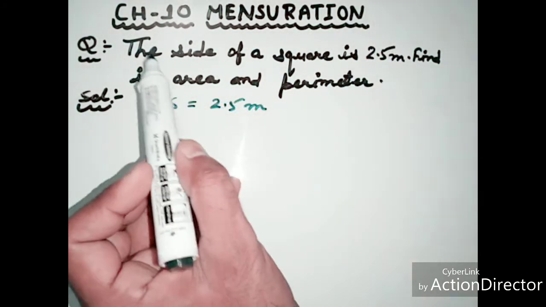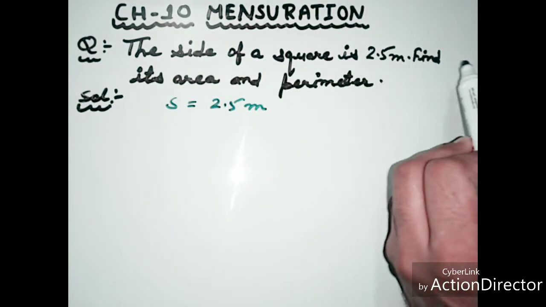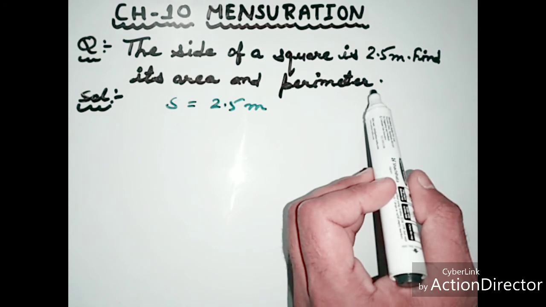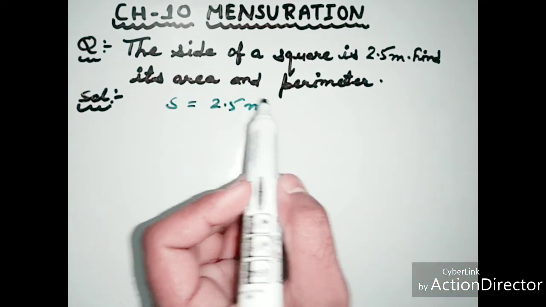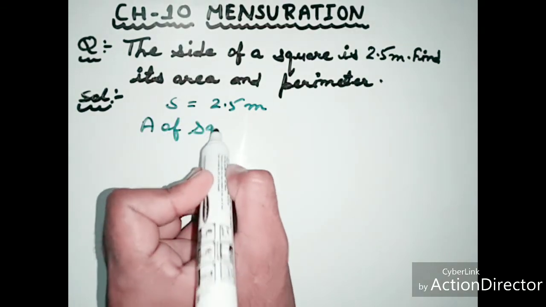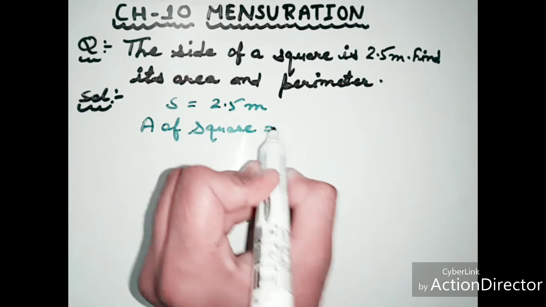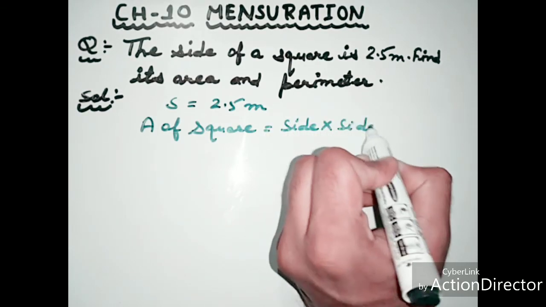The next example: the side of a square is 2.5 meter. Find its area and perimeter. So here the value of side is 2.5 meter. First we find the area of the square, and area of square equal to side multiplied by side.